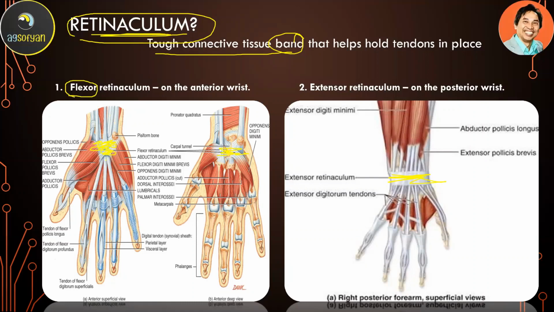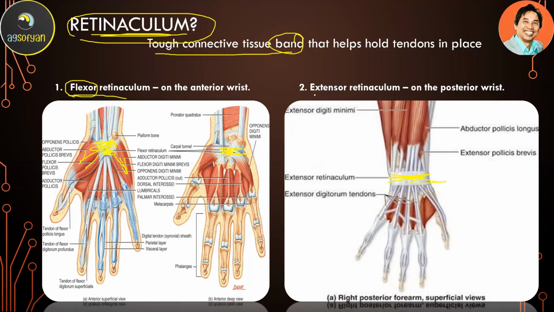Why is it flexor? Because this retinaculum actually holds the muscle that is able to flex your finger. Like you make a fist if you want to hit someone, that's actually flexing your finger. And all of these tendons going to the same retinaculum is called the flexor retinaculum.